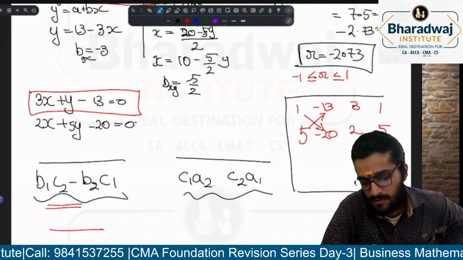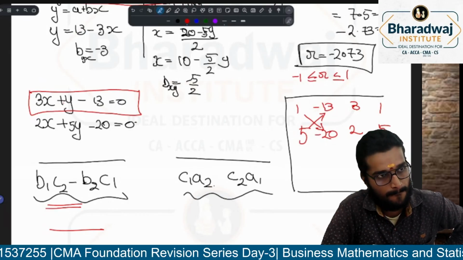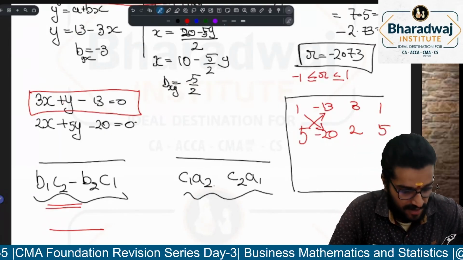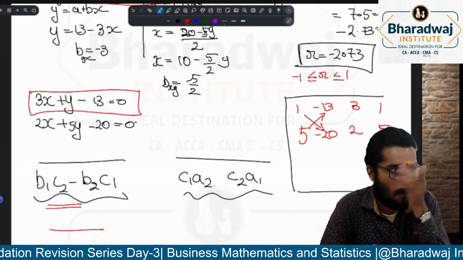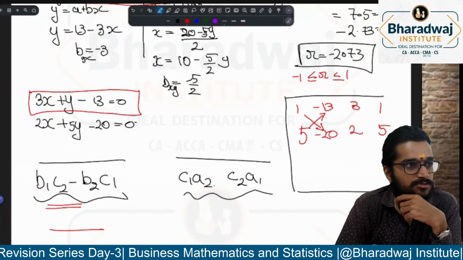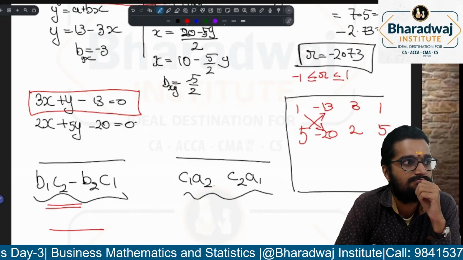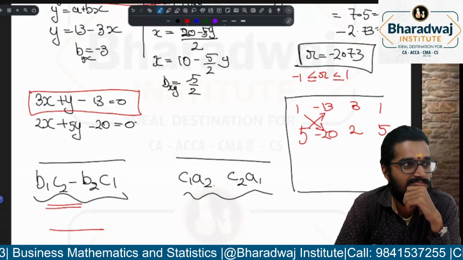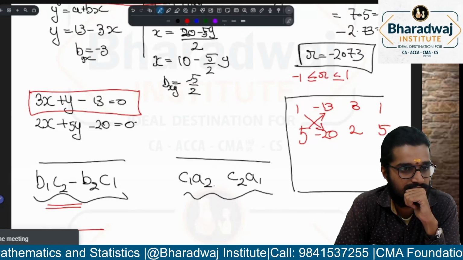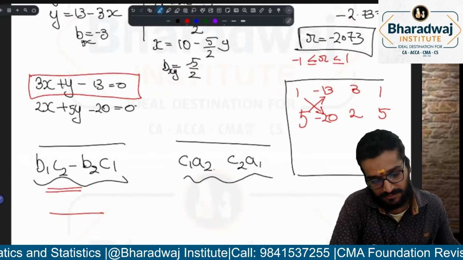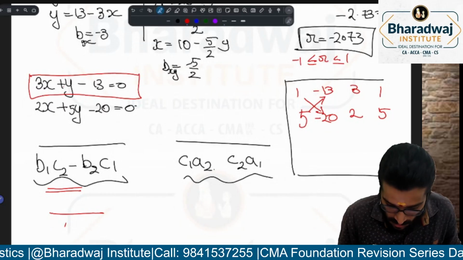Minus 20 plus 65. What's the answer? 45.